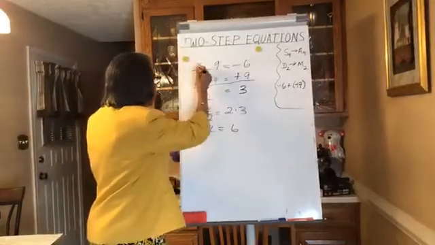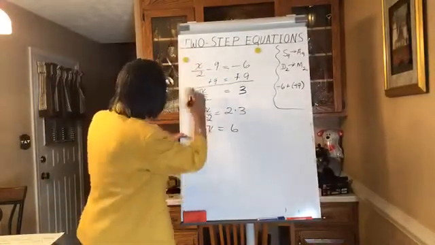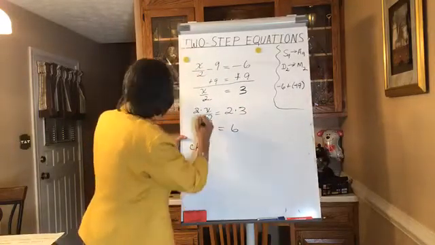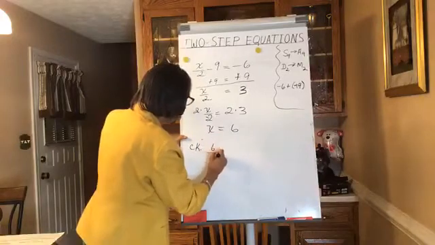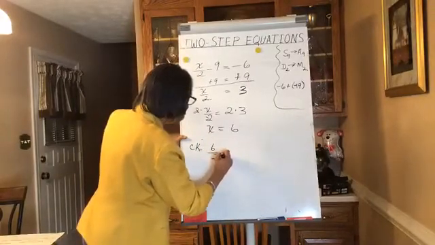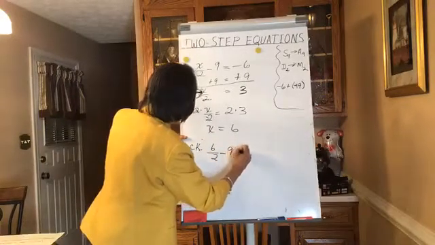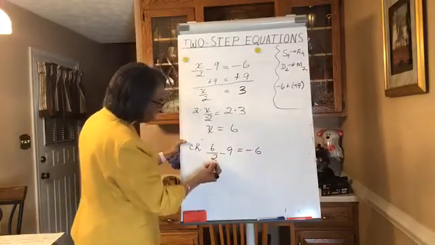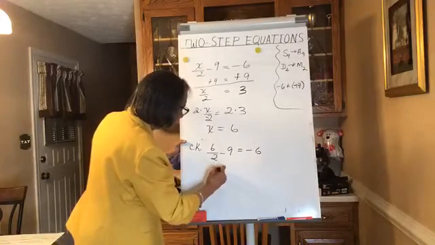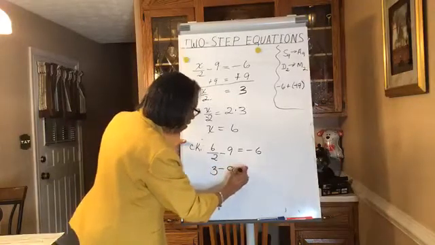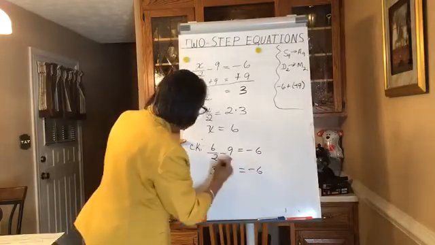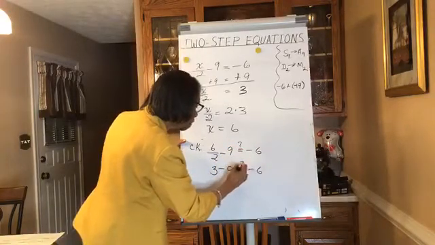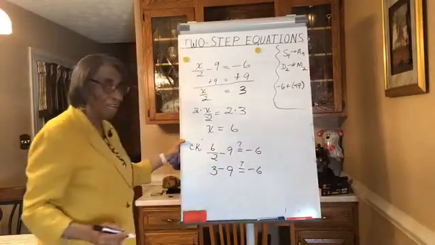So going back to our original problem, in place of x now, this is the checking, I'm going to write 6 divided by 2 minus 9 equals negative 6. 6 divided by 2 is 3. 3 minus 9 equals negative 6. And right here, these are question marks, because we are not assuming that it's correct.